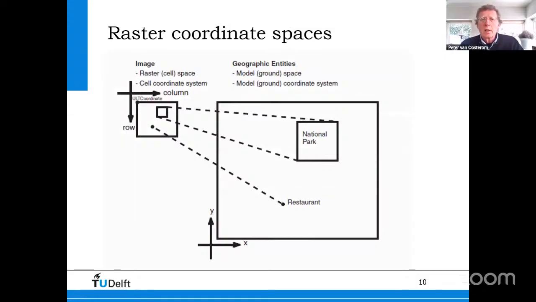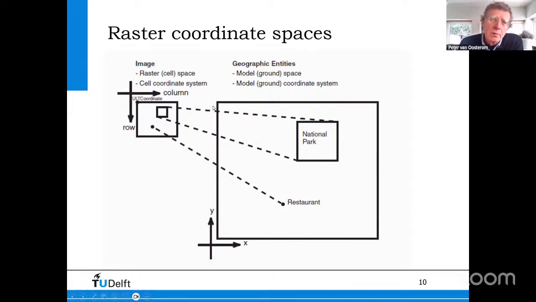It's good to realize that in the raster data world, people have a way to put the coordinate reference system a kind of upside down. Normally we have the x-axis on the horizontal, the y vertical going up. But in the raster world, people are often talking about rows and columns.